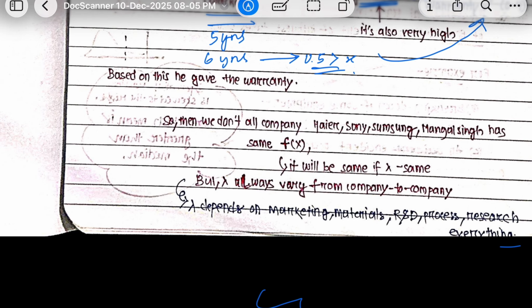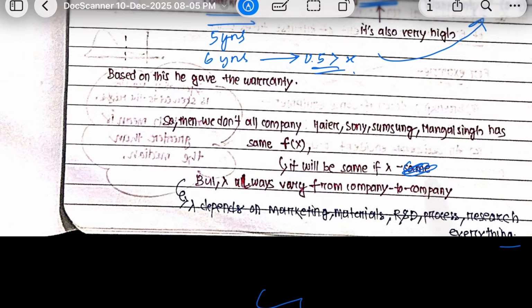There are many TV companies like Sony, Samsung, and others, with the same approach. The same functions are provided in the TV, but the value differs from company to company. That is, the value of lambda is not the same.